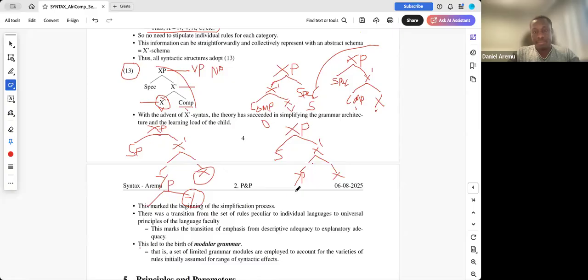But then the Y, the head of the YP, is here, and then you have maybe your complement. Don't mind me, I excluded the spec. Don't worry about the spec. What is important is the head.